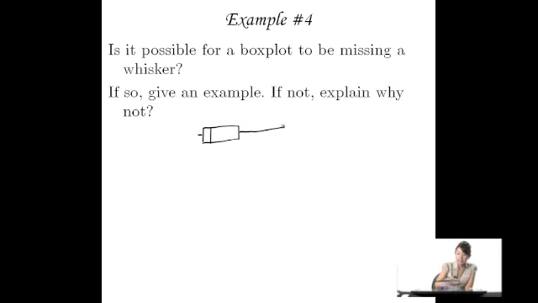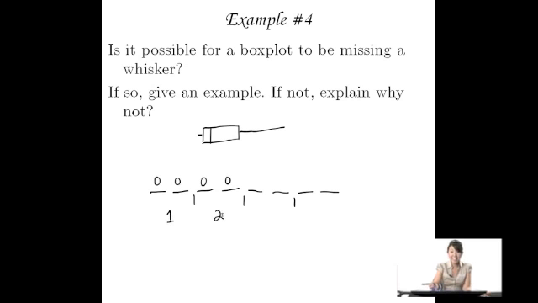For instance, let me give you an example of a data set that might do so. Let's say it's out of 8 values, 1, 2, 3, 4, 6, 7, 8. I just picked 8 because it's really easy to split into quartiles, right? What if all of the values in both quartile 1 and 2 are exactly the same, and then 1, 2, 3, 4, right?